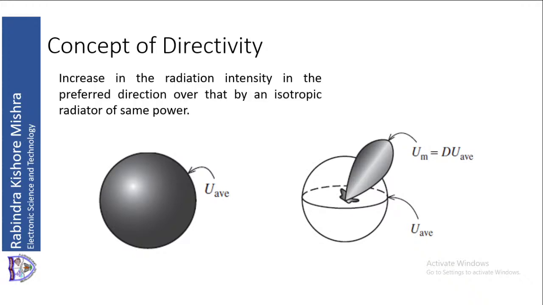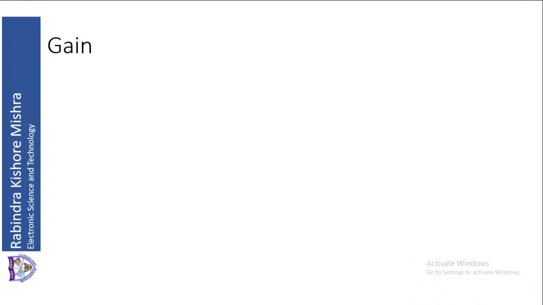This shows there is an increase in radiation intensity in the preferred direction over that of an isotropic radiator of the same power. When power is the same, having directivity means the antenna has increased radiation intensity compared to an isotropic radiator of the same power. That is the concept of directivity.